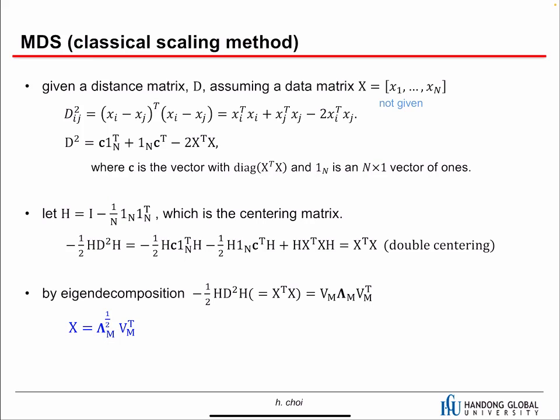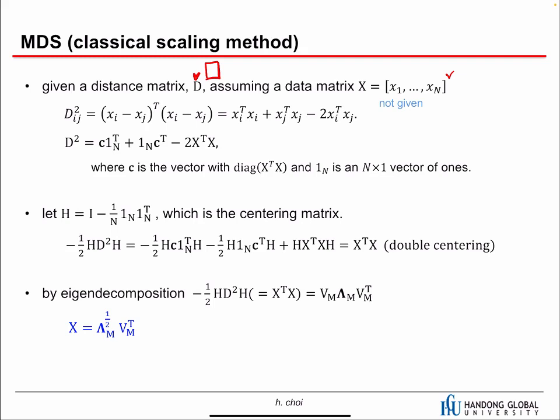So let's say we have a distance matrix D. And then let's assume that a data matrix X is like this. And obviously X is not given. But let's assume that since we have an n by n distance matrix, we know how many samples or how many cities there are.